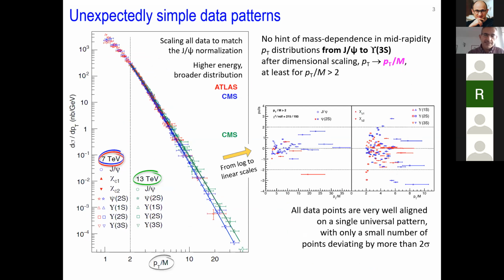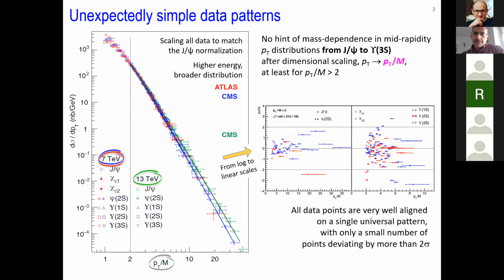Here we see again the same data on the left, collapsed all to the same normalization, but separately for 7 and 13 TeV. So you see that we can also recognize a small difference between the slope at 13 TeV and 7 TeV. And to see the agreement with the data, we have also plotted here the pulls. So they are good.